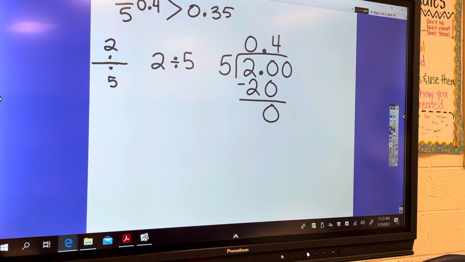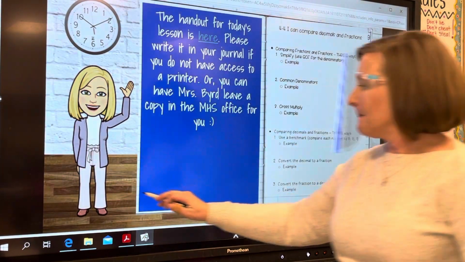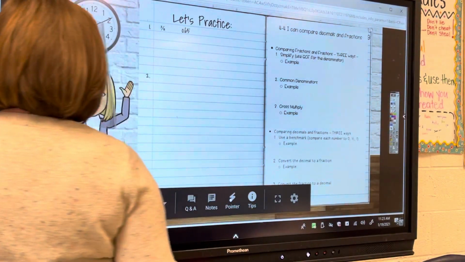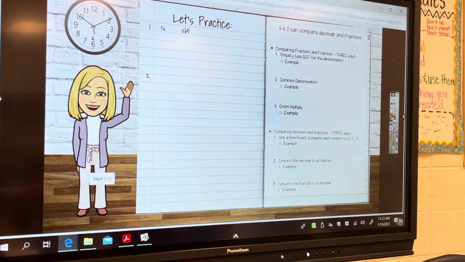All right, we're going to practice a couple. Go back to here. All right, the first thing is we always try to use a what? The turkey foot. What do we always try to use? A benchmark. We always try to use a benchmark. So let's try that first.